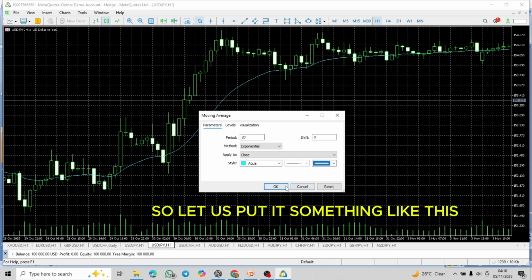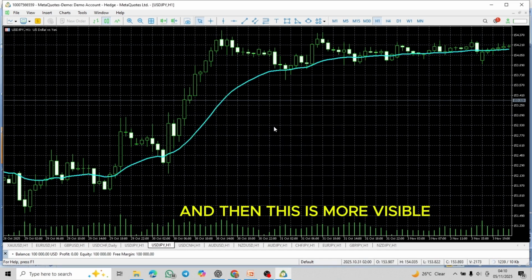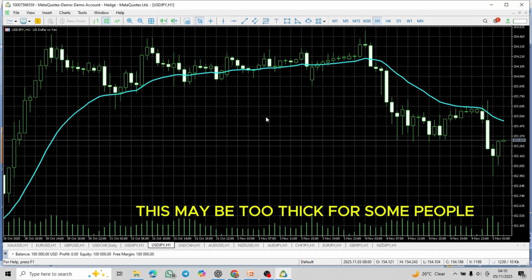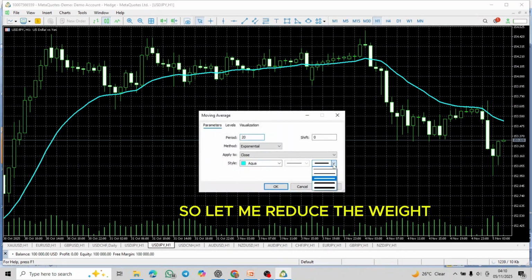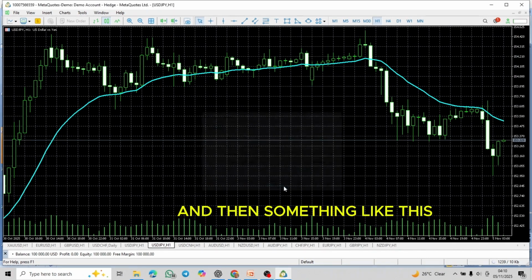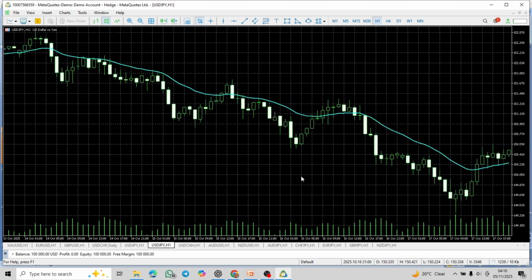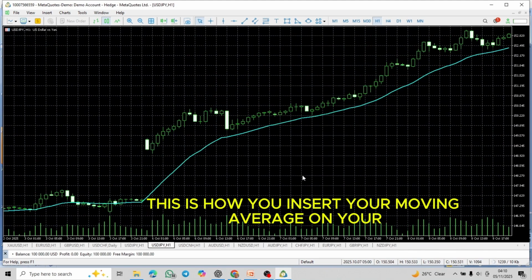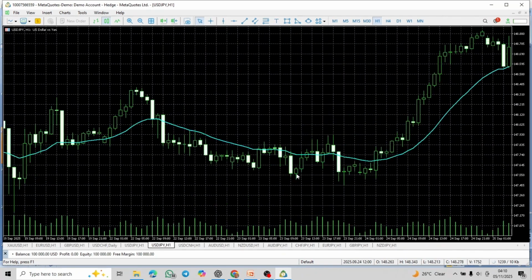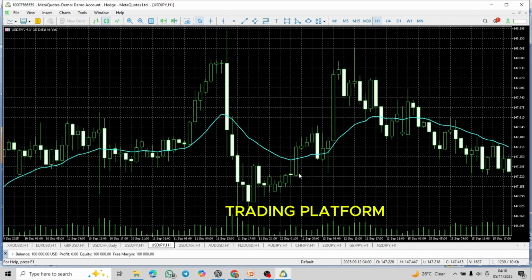So let us put it something like this, and then this is more visible. This may be too thick for some people, so let me reduce the weight, and then something like this. I think this is cool. This is okay. So this is how you insert your moving average on your trading platform.